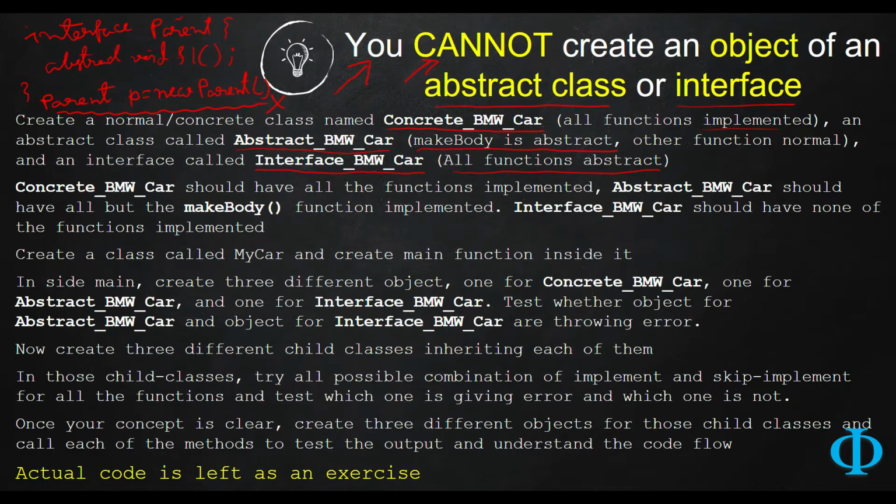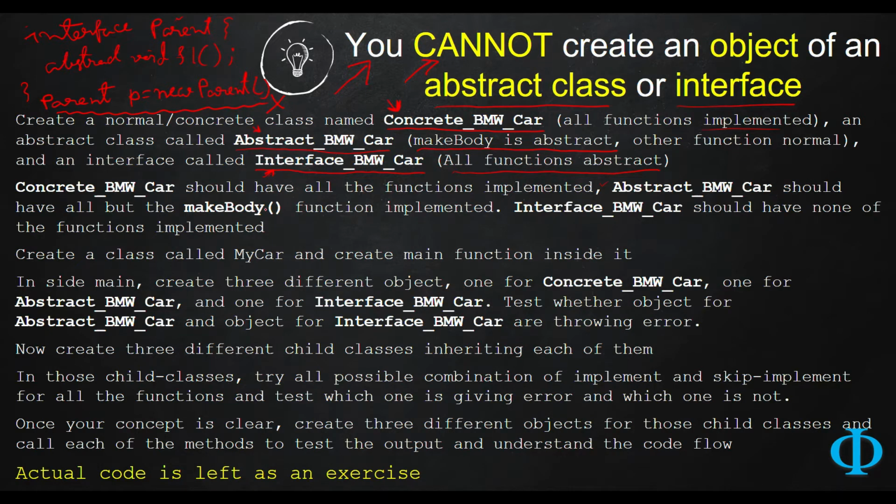You can use the similar implementation that I have shown in the previous slides for the abstract class, the interface, or the normal BMW car class, and then just prepend these names for easy understanding. For the concrete class, just add the word concrete underscore before BMW car. For the abstract class, add abstract underscore, and for the interface, add interface underscore. So, as the names suggest, concrete BMW car should have all the functions implemented.